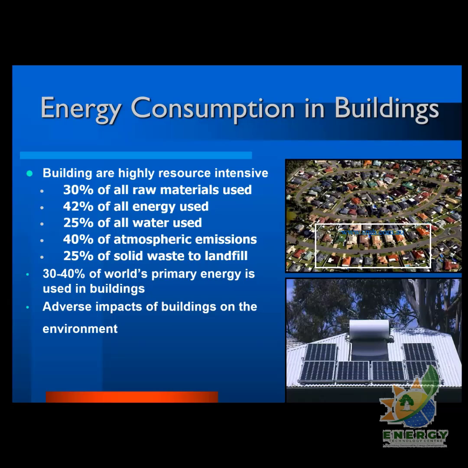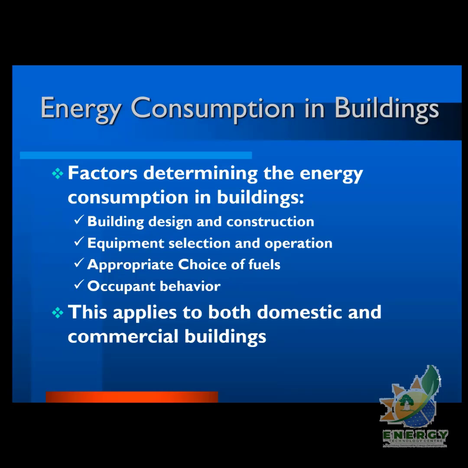Now, when we look at energy use, we have factors that determine energy consumption in buildings. Here I'm talking about 4 main factors. We have the building design and its construction in terms of material use, equipment selection and its operation. So we are talking about heating, ventilation, air conditioning equipment, appliances, and all that.